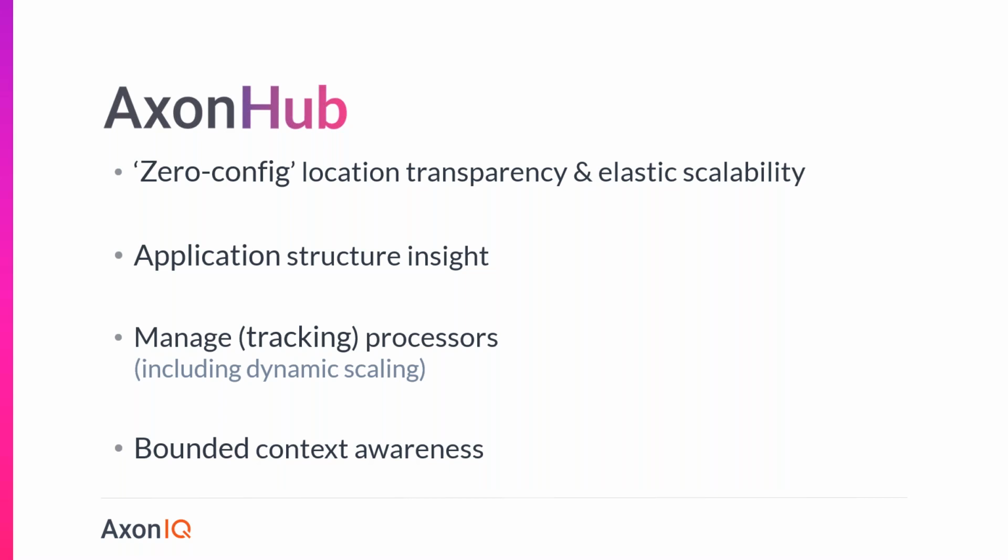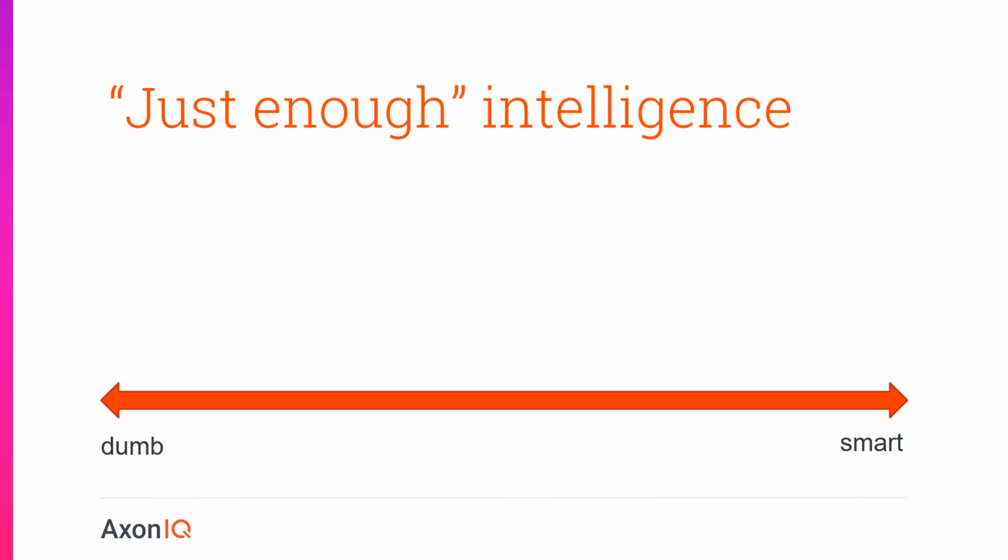And Axon Hub is aware of bounded contexts. So we have this concept of a context in Axon Hub. You publish an event in a context, and applications listen to events in a context. So you can be very conscious about what information you want to share where.